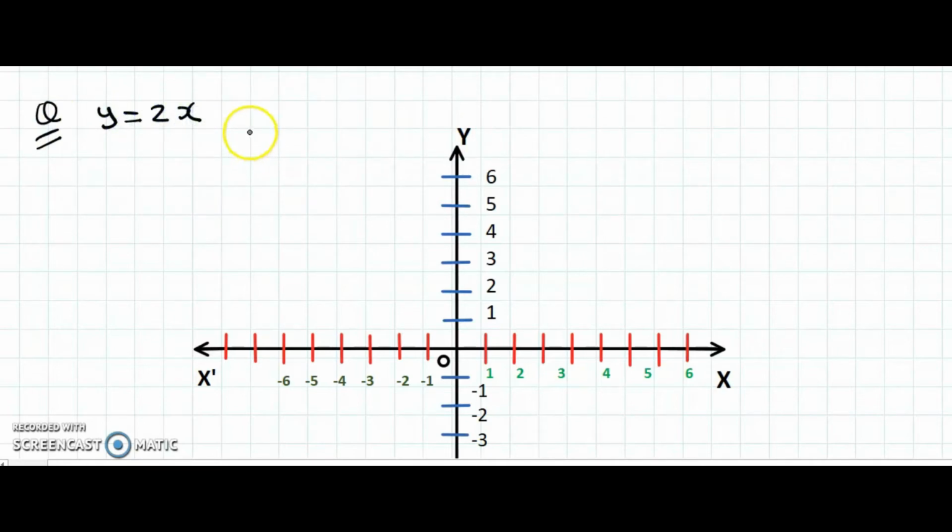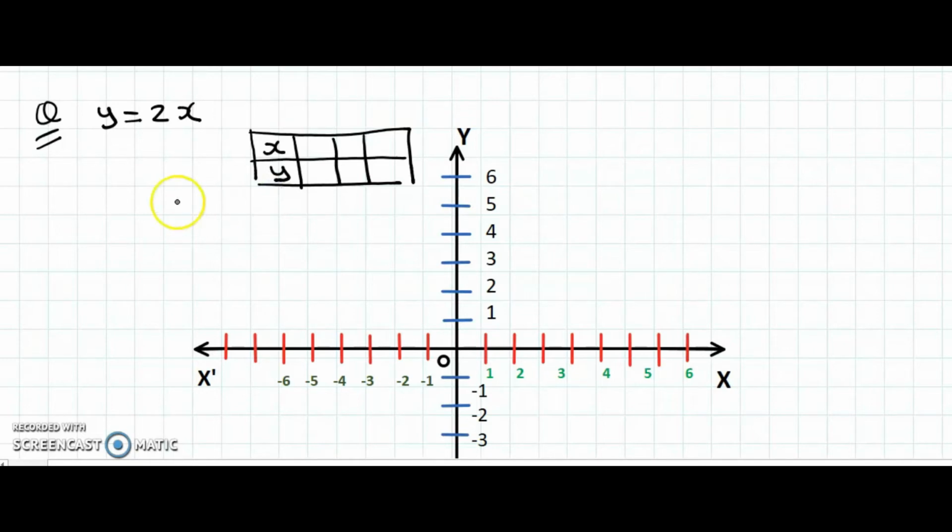For this, first of all, we have to draw a small table in which we are going to mention the different values of x and different values of y. In this column I am writing x, in this column I am writing y.